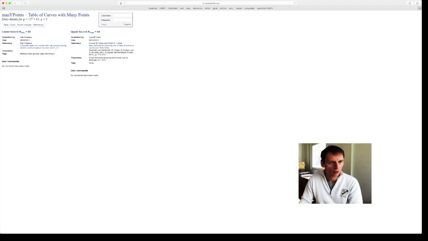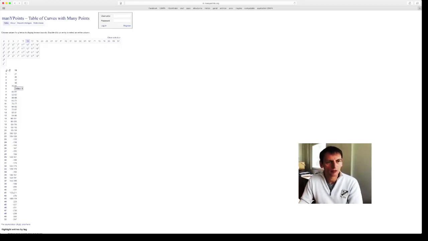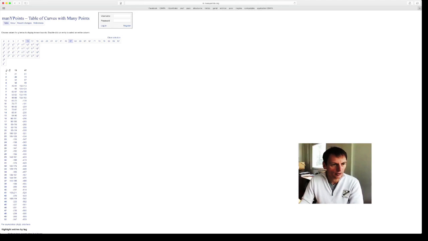All right, so let's come to the case of interest for us. We are over F47, and we are looking for a genus 5 curve. And you see that indeed, in genus 5, the best upper bound is 113. So that's the target we have.